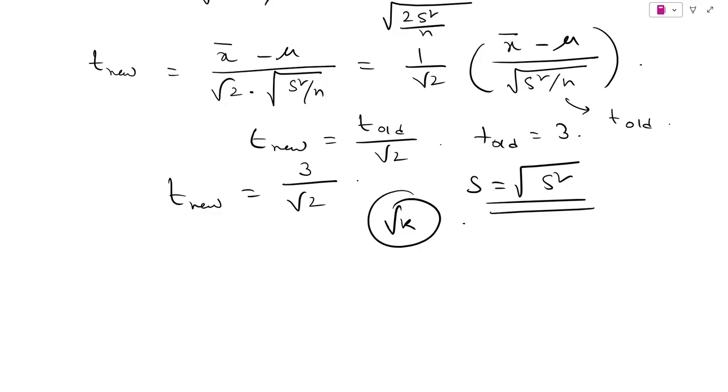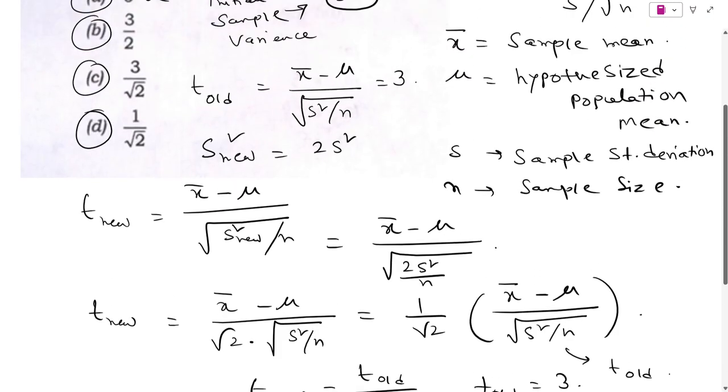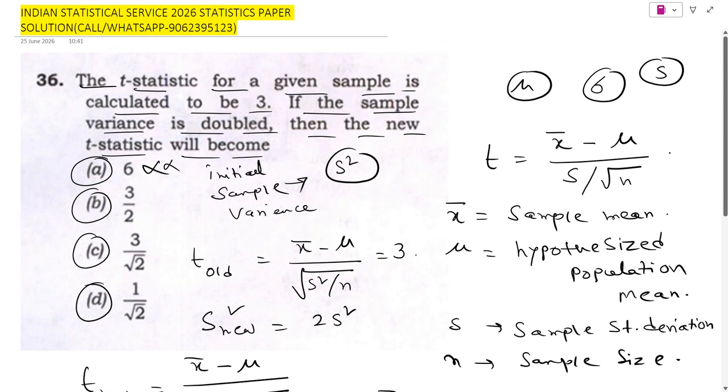Now let's go to the options. Option A says 6, which incorrectly assumes a direct linear multiplication, so this is cancelled. Option B, 3 by 2, incorrectly assumes a direct linear division. Option C, 3 by root 2, correctly scales by the square root of the variance factor, so option C is the right answer for this question.